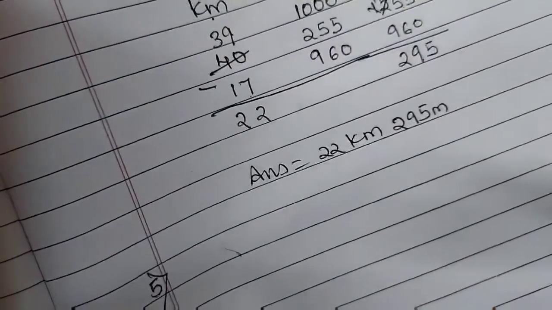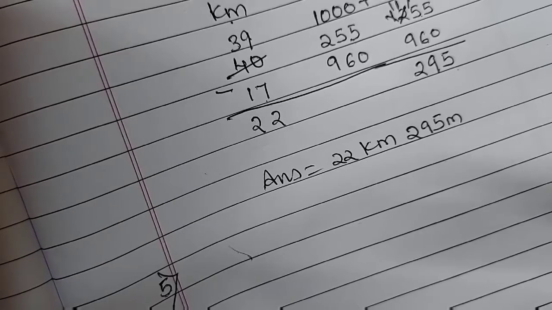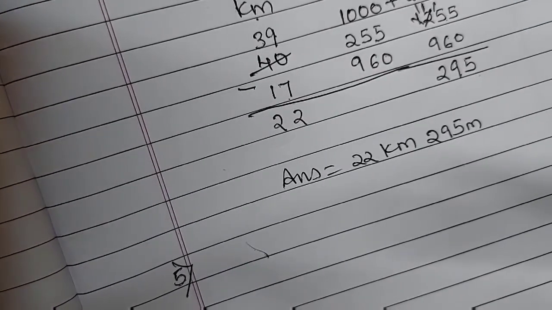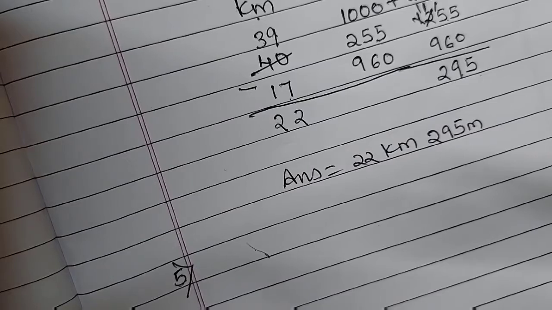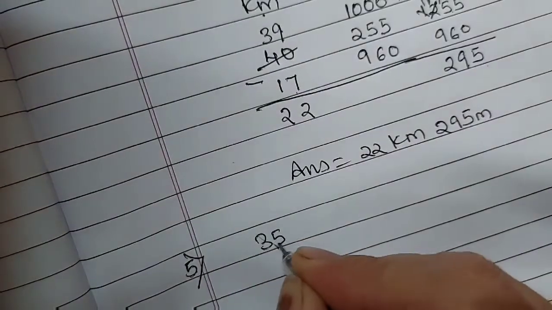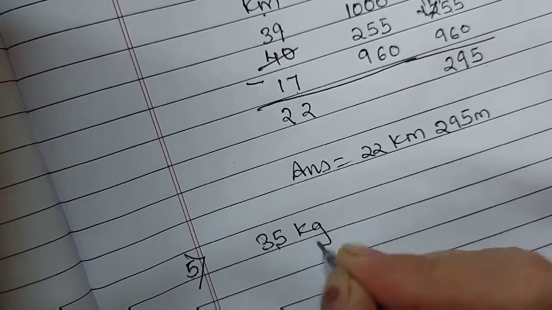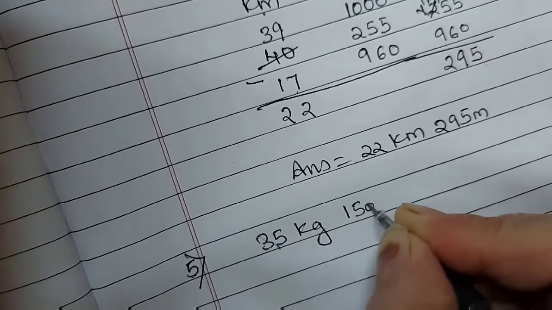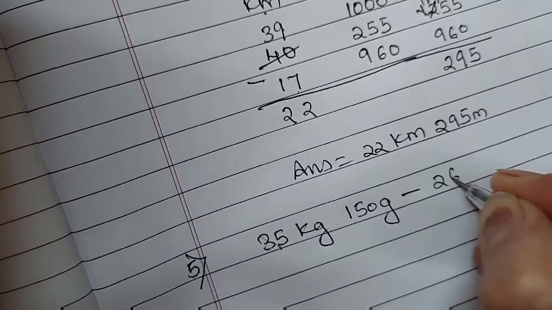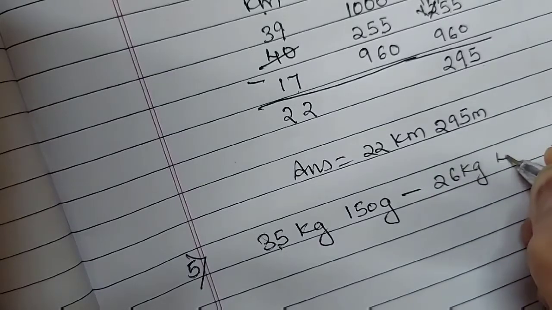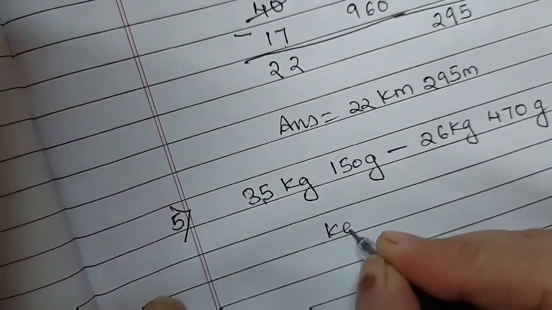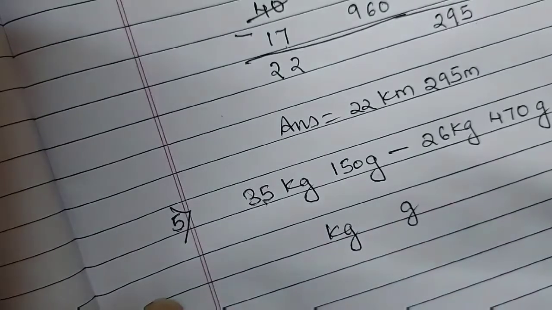The fifth sum. So again here there are 6 questions. 1 will be given as homework. Now I am doing the fifth sum, that is 35 kg 150 grams minus 26 kg 470 grams. So this is kg and this is grams.